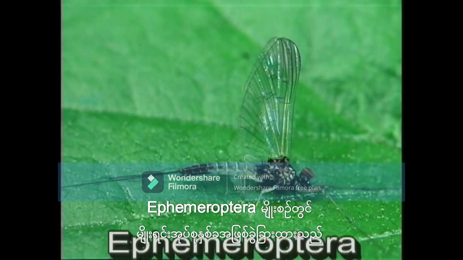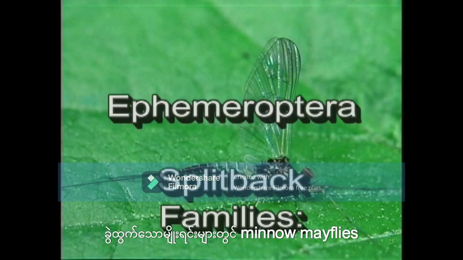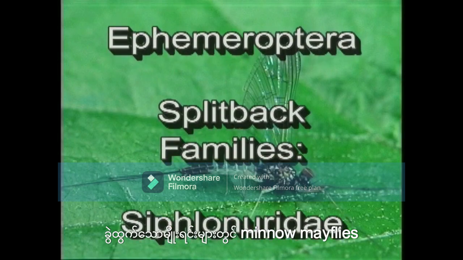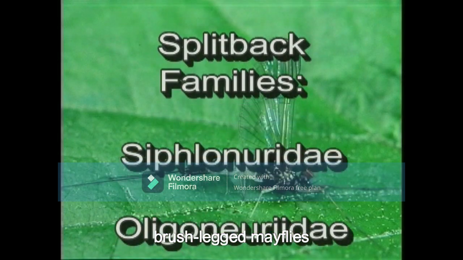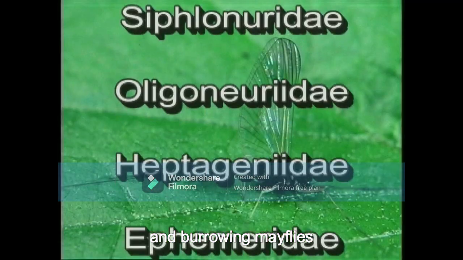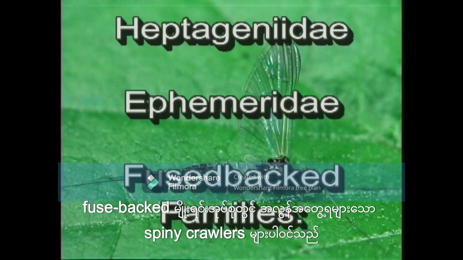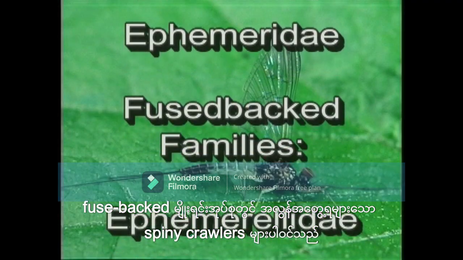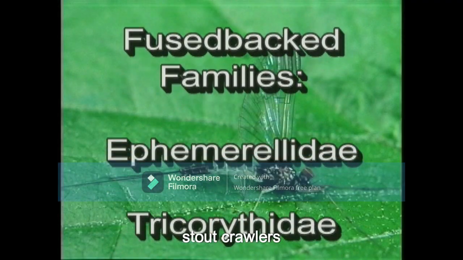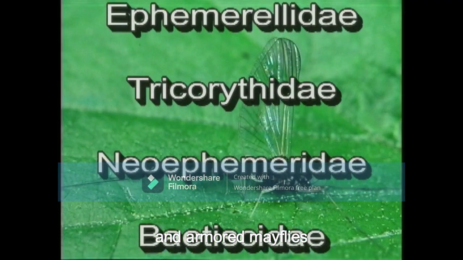There are 2 family groupings in the order Ephemeroptera. The split-back families include the minnow mayflies, brush-legged mayflies, flat-headed mayflies, and burrowing mayflies. The fuse-backed group of families includes the very common spiny crawlers, stout crawlers, square-gill mayflies, and armored mayflies.